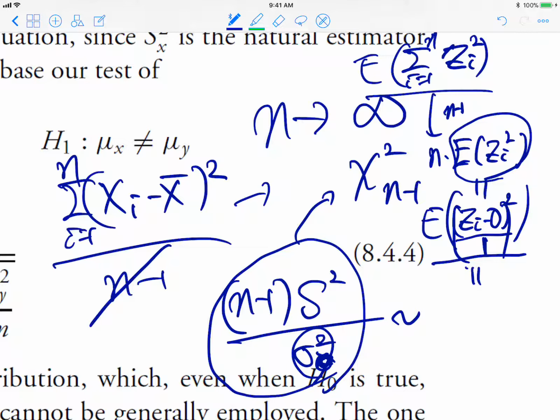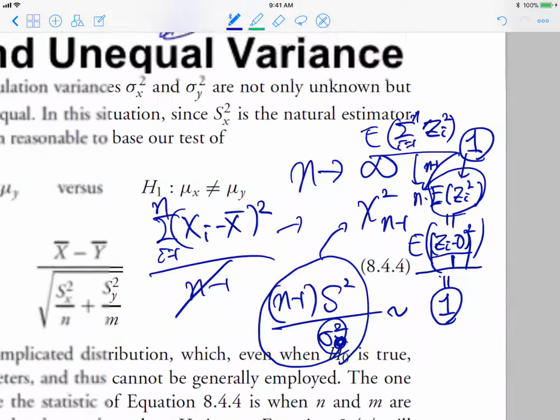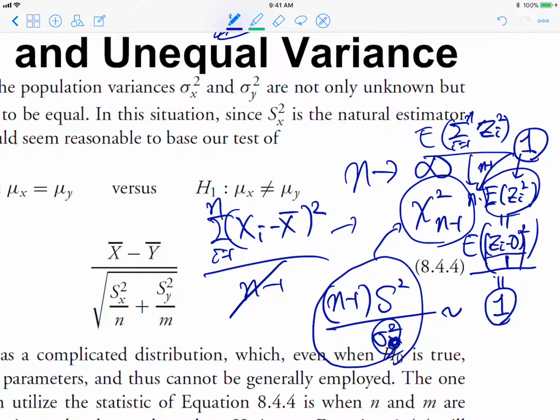Zi is a standard normal random variable, so the variance of it will be 1. So this value will be 1, and 1 times n will be n. So the chi-square distribution will have the mean value n. In our case, the degree of freedom was n minus 1, so accordingly, the mean value will be n minus 1.